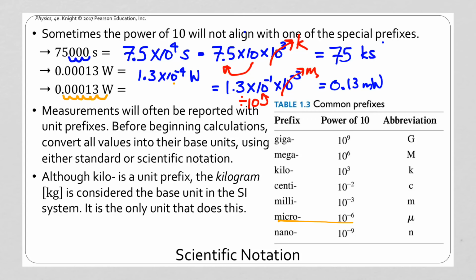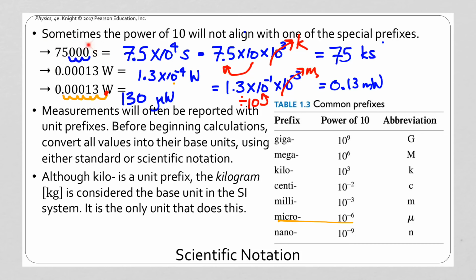That would give me a decimal point here, which would give me 130. And then 6 decimal places would be micro. I would use mu here, 130 microwatts, which still gives me the proper number of significant figures.